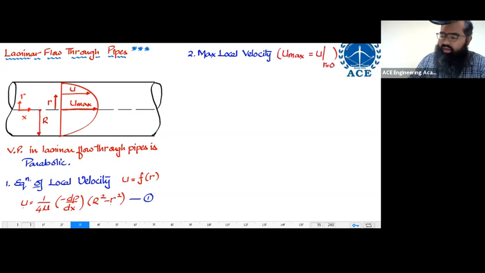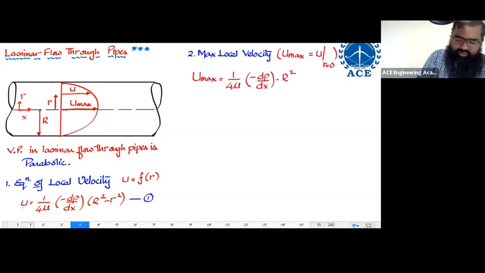If it is u at r equal to 0, then the value of u maximum, the maximum local velocity, has to be equal to how much? Put r equal to 0. You are going to get 1 by 4 mu into minus dp upon dx multiplied by capital R square. This is the second equation.